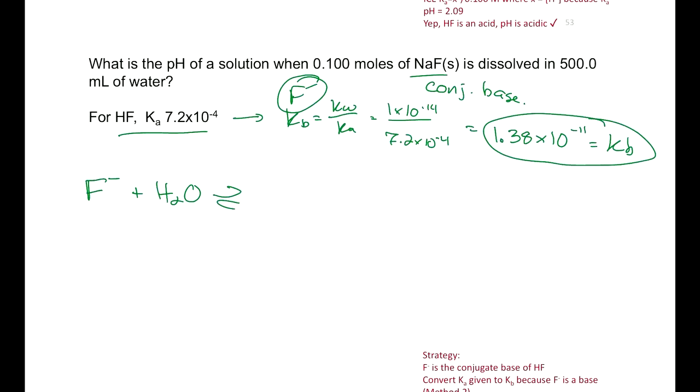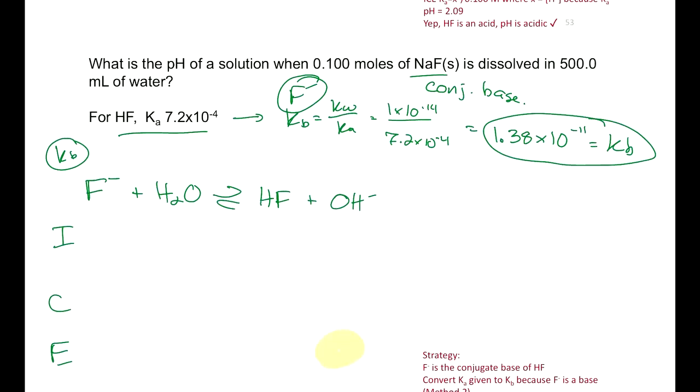So it's going to steal a proton from water to make HF again, and then we're left with that hydroxide that is indicative of a Kb expression. Go ahead and fill in our ice table. Right? And so since we're calculating pH, we want to know what the heck is the number under OH minus concentration at equilibrium. So in this case, we'll have to calculate pOH, then pH, but no big deal.